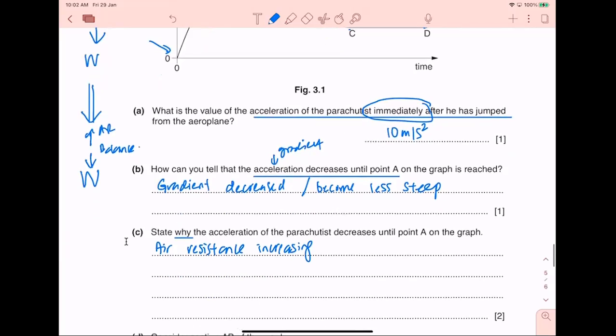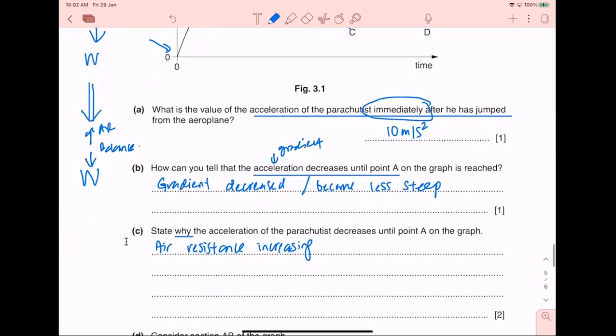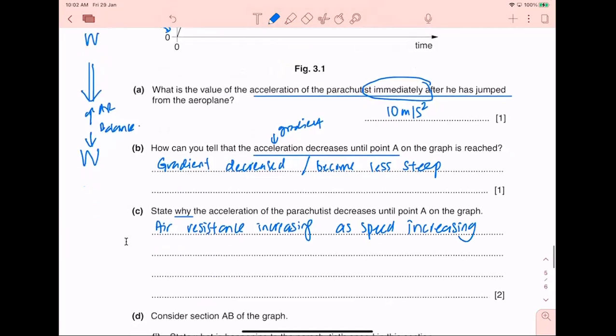So air resistance increases as speed increases. Okay. So you get 2 points. 1 point is this one, 1 point is this one. So you have to mention why air resistance is increasing, because speed is also increasing. The faster you move, the greater the air resistance affects you.